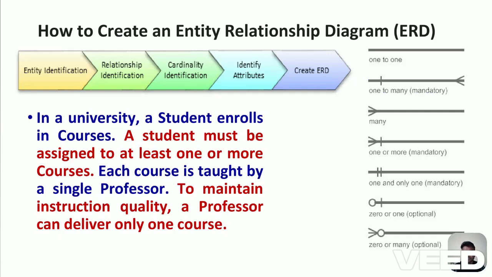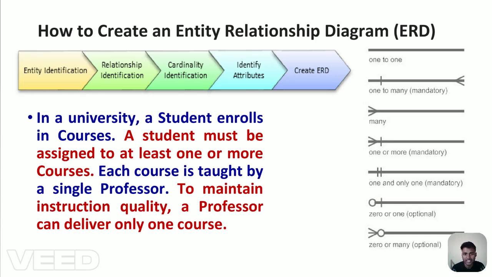Then we have how to create an entity relationship diagram, ERD. There are basically simple things we should consider. Entity identification: in our case, the entity was student. Then relationship identification, like there were many relations between them, like address, and then name, PRN, student ID, all these things come under it.